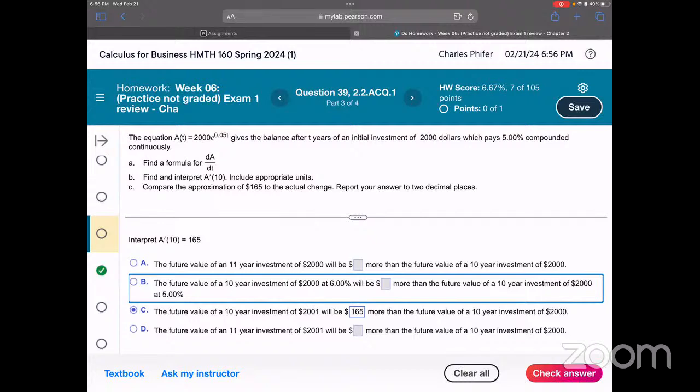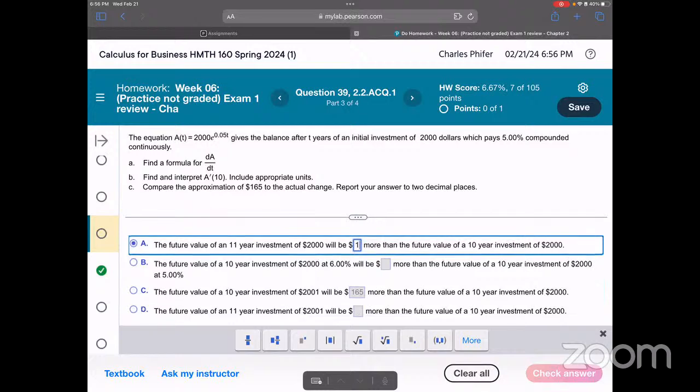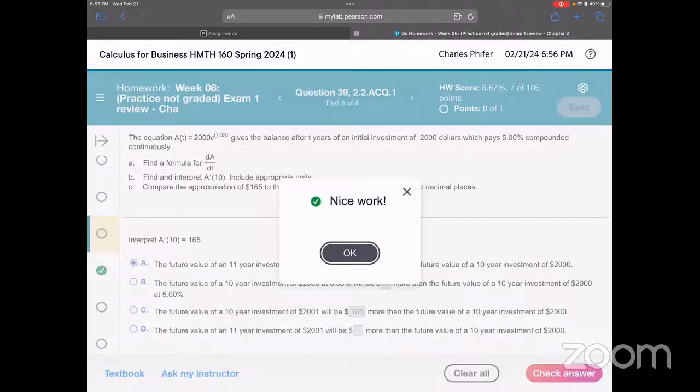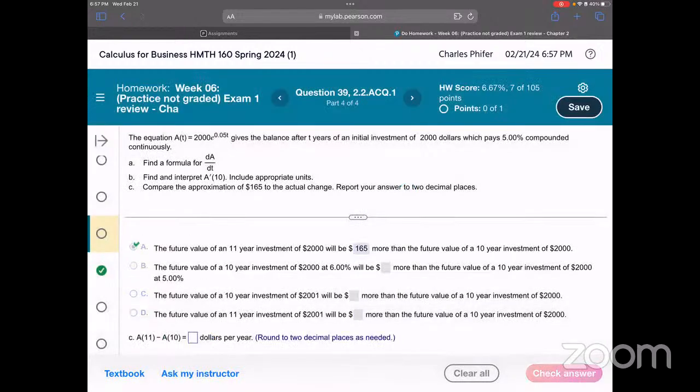Okay, let's go with A and make that one 165. So basically, they're saying one year past the 10-year mark, it'll be worth $165 more.